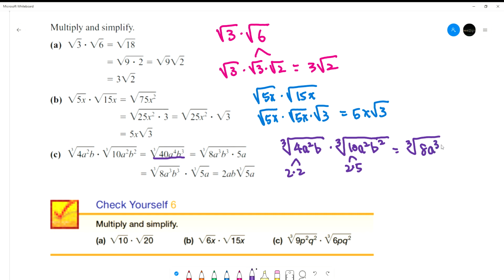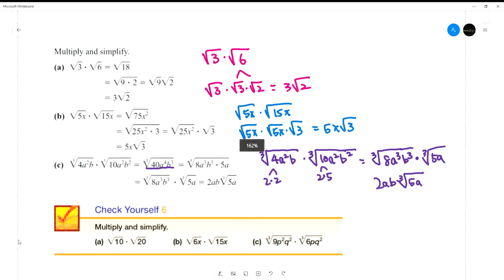A to the third, b to the third, times your other factor, which is 5 and 1a left over. Cube root of 5a. So just from that, without multiplying, I can figure out what these roots come out to. Next, I know this simplifies to 2ab times the cube root of 5a. Okay, let's practice some of these down here.